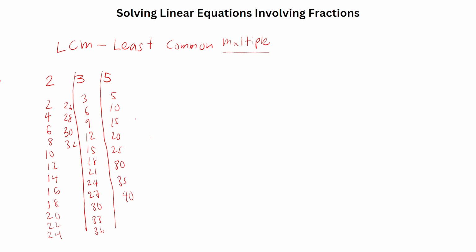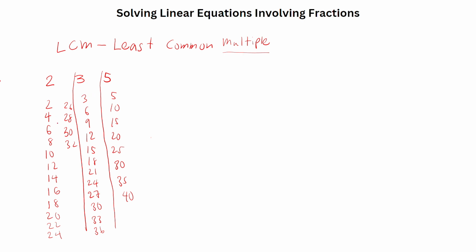Okay. Now, upon listing, actually, it's going to take a long time, huh? Most especially if the LCM is big. So we have 2, 3, and 5. Now we're done with listing the multiples, right? What we do next is we check the least common. When you say least common, we have to check the common multiples among the three, that is the smallest.